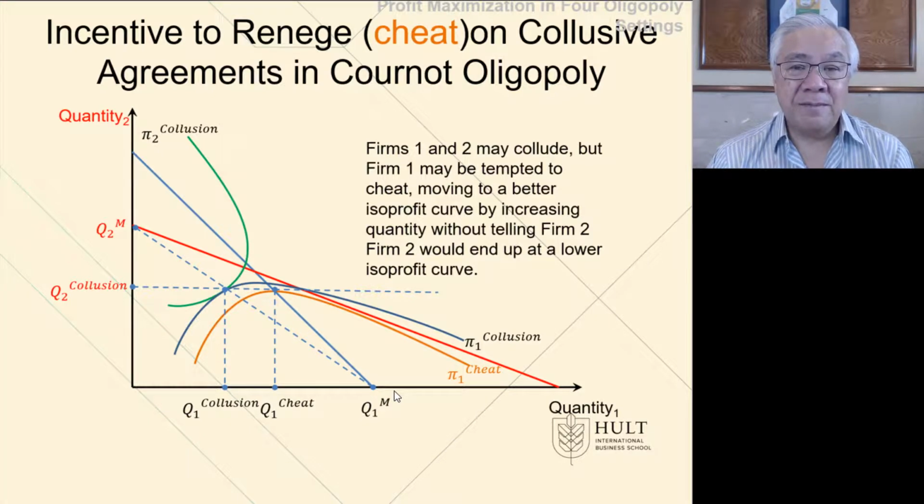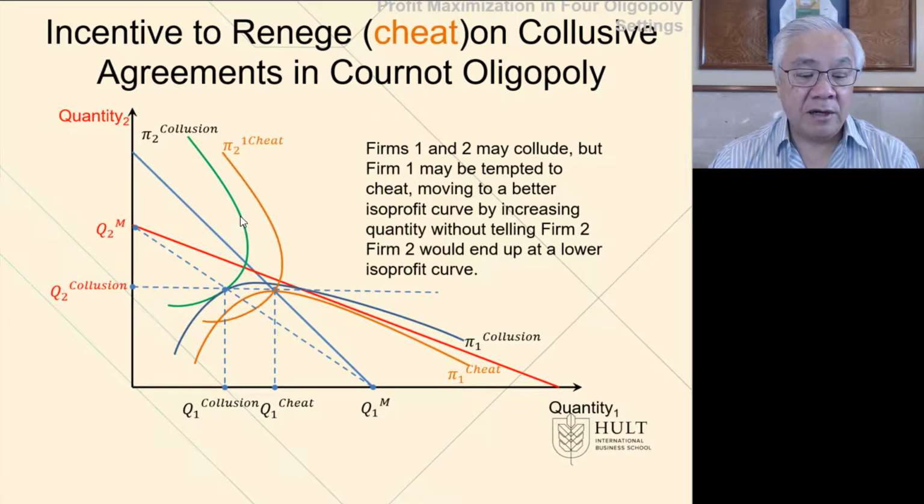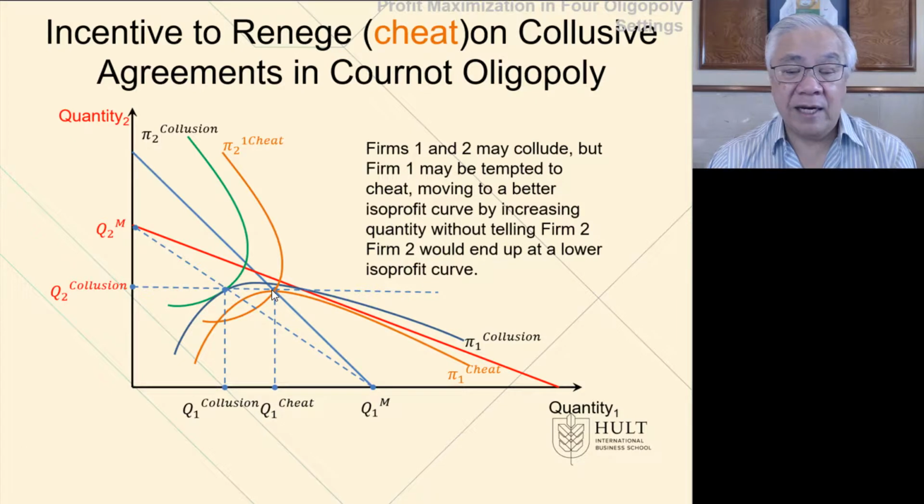The one that loses here is firm 2, because firm 2 used to make this amount if the collusion stuck. But because of this move by firm 1, they're now going to have to react and end up here. This is the point where they would end up, and notice that the green line, the isoprofit for firm 2, is now eroding, going away.